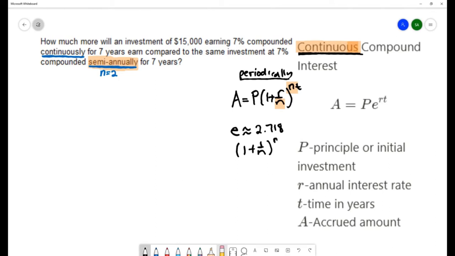If we allow n to go to infinity, then this expression gets closer to e, that 2.718. And you'll notice that in our periodic compound interest formula, you see something very similar to that e formula.